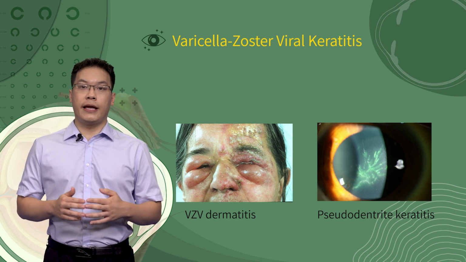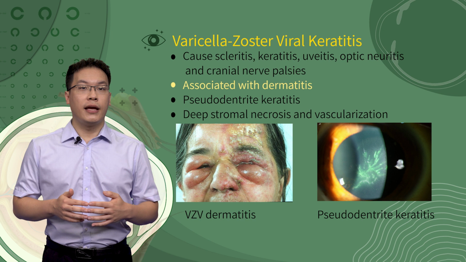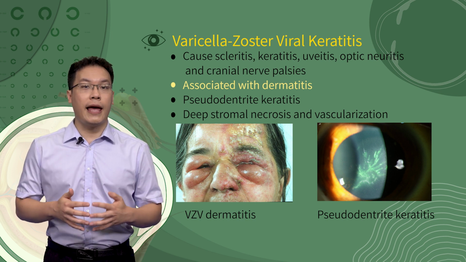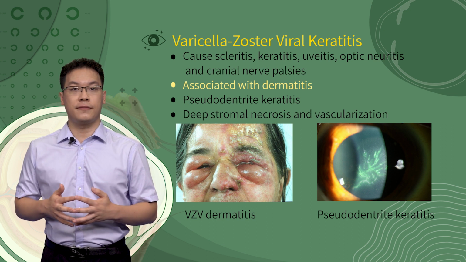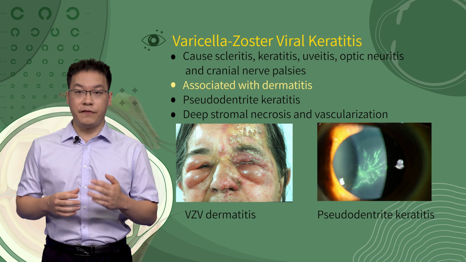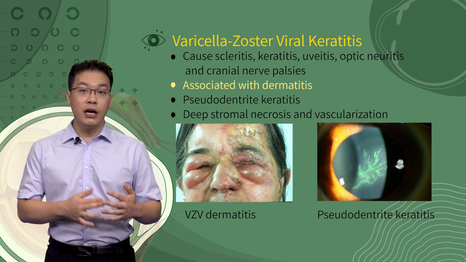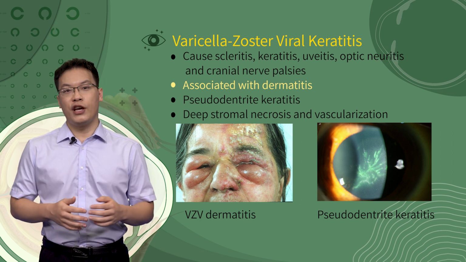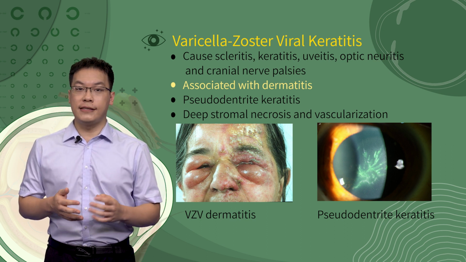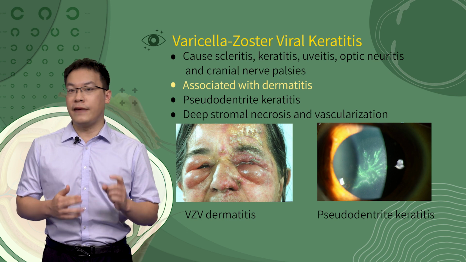This virus can cause scleritis, keratitis, uveitis, optic neuritis, and cranial nerve palsies. It affects the skin innervated by the ophthalmic division of the trigeminal nerve. Sometimes we can find a pseudodendrite keratitis as well as stromal necrosis and vascularization.